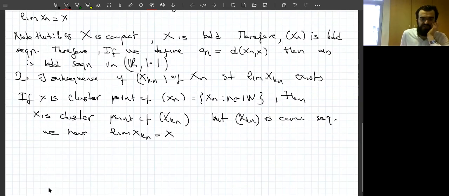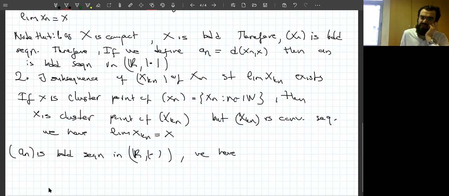Now, let me use the first note. So a_n is a bounded sequence in this metric space.